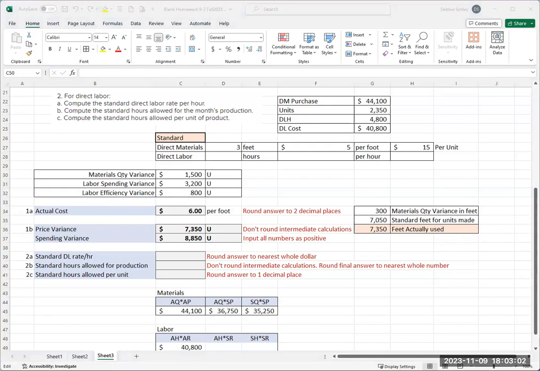And then the standard. So they told me the labor spending variance, which would be the first one minus the second one, is 3,200 unfavorable, which means my actual is 3,200 more than my standard.